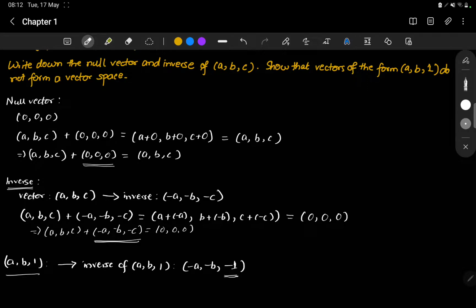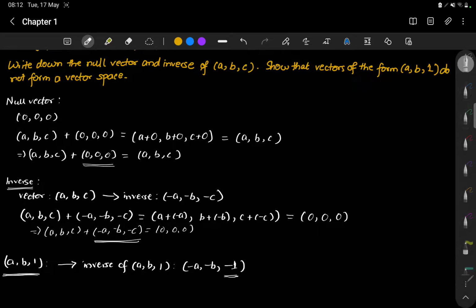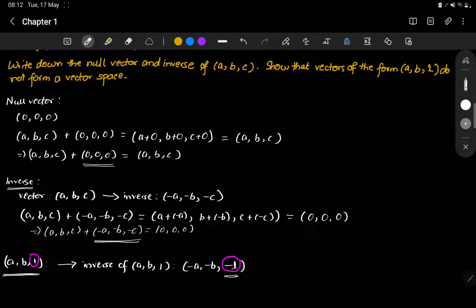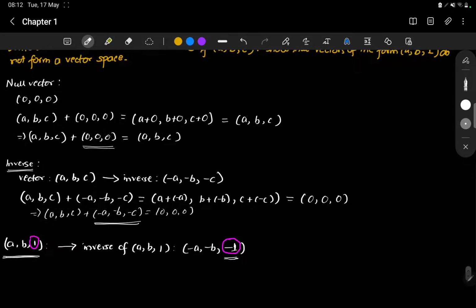But we wanted all the entities to be of the form a, b, 1, which means that the first two entries can be anything, but the very last entry has to be 1. But for the inverse, the last entity is coming out to be minus 1. So what does this mean? This means that the inverse minus a, minus b, minus 1 is not of the form a, b, 1.